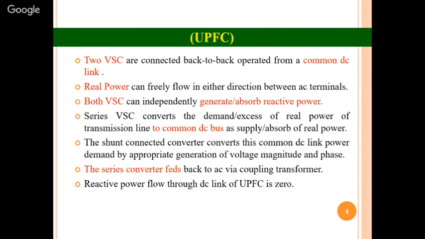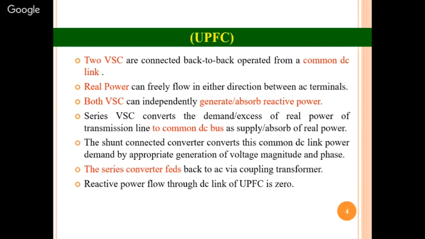They are connected back to back, and operated from a common DC link. And the real power can freely flow in either direction between the AC terminals. This you have already been told. And both the voltage source converters can independently generate or absorb the reactive power.